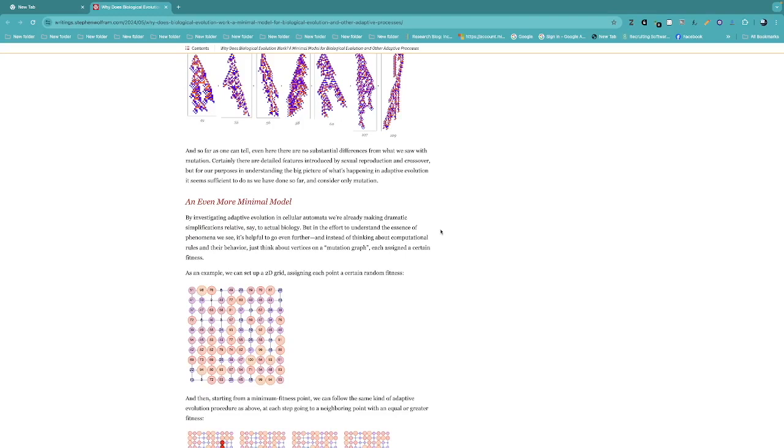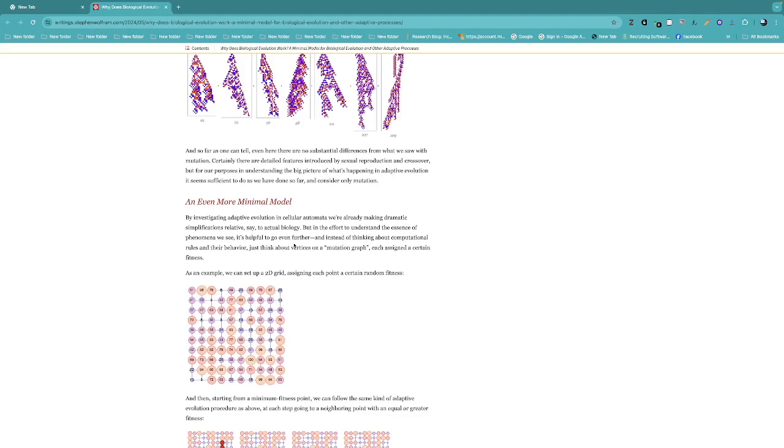So you can actually boil this down to an even more minimal model. And so, again, we're thinking about computational rules and this sort of computational universality, meaning that I can take this and ask questions about other systems. So if I find these dynamics in this minimal model of life, it should inform things like machine learning.